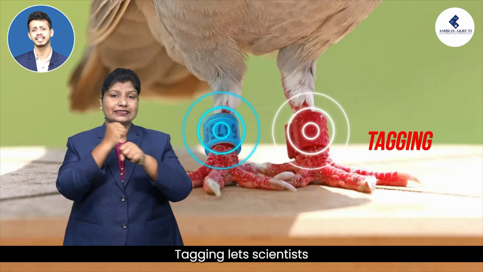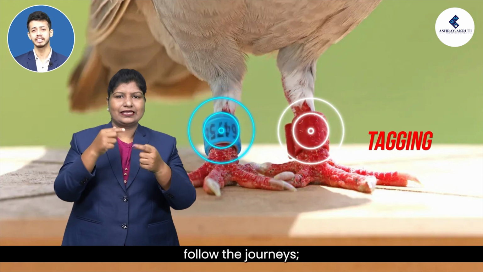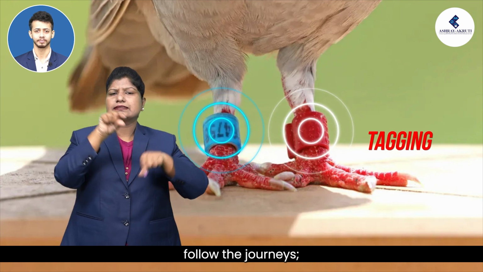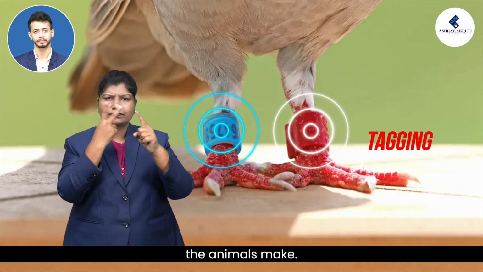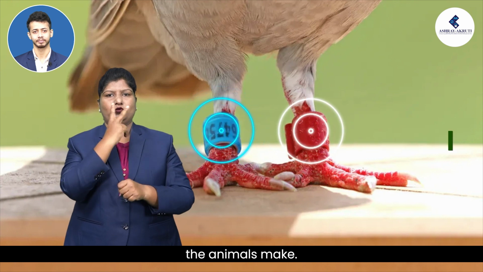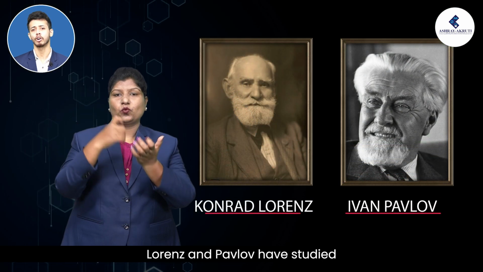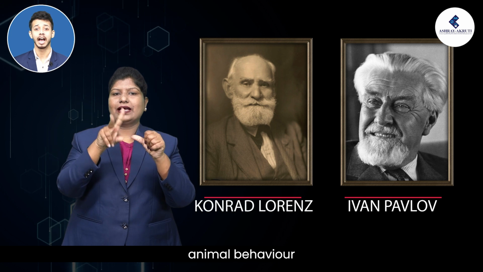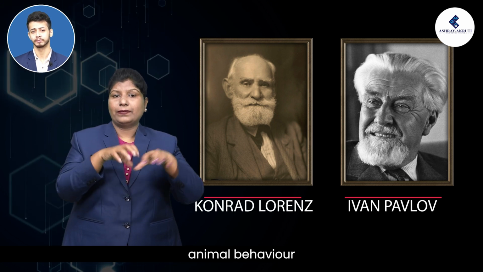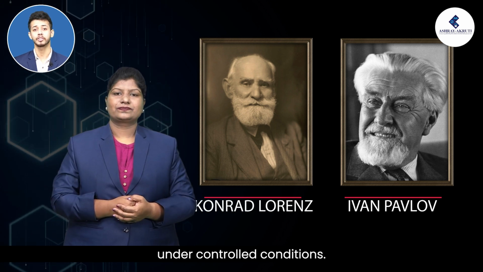Tagging lets scientists follow the journeys the animals make. Lorenz and Pavlov have studied animal behavior under controlled conditions.